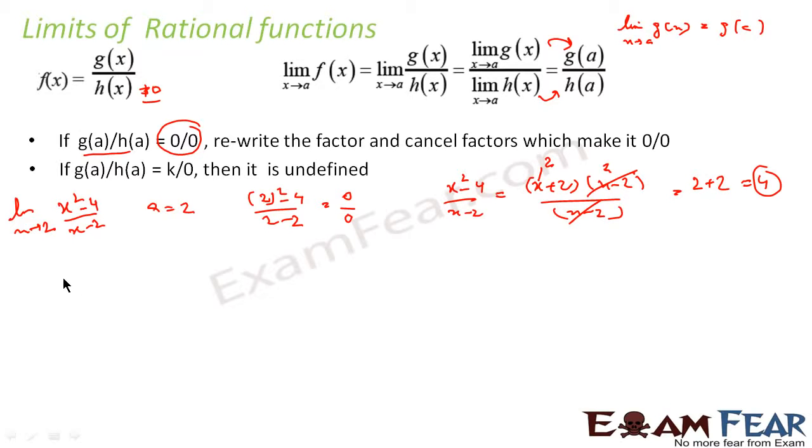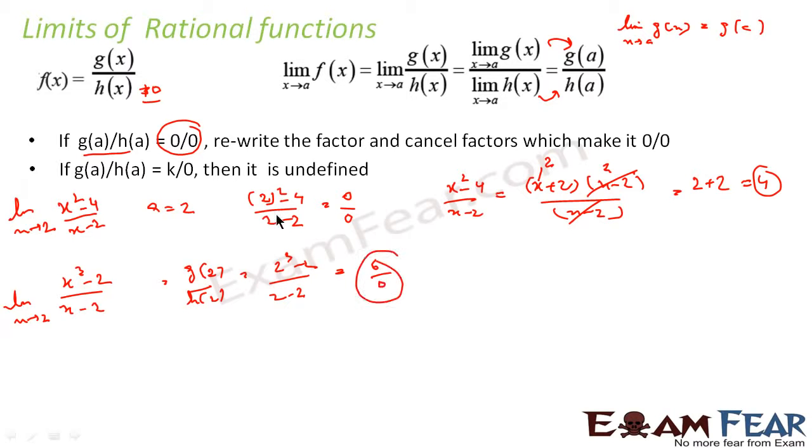So let's suppose we have this equation (x cube minus 2) by (x minus 2). Correct? Here also we have to find this limit with respect to x equal to 2. So here also we'll put g(2) by h(2). This is equal to (2 cube minus 2) by (2 minus 2), that is (8 minus 2) by 0, which is 6 by 0.